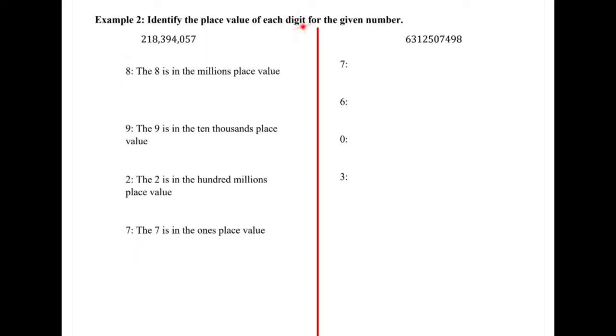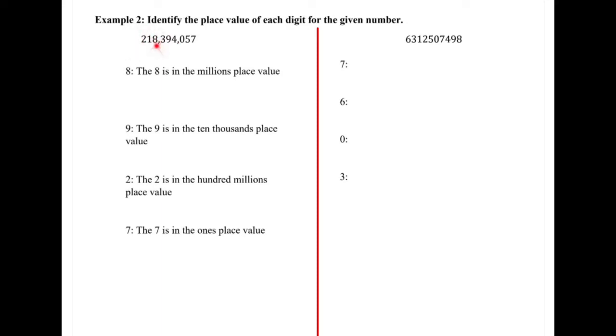Okay, so what is a digit? It's the individual numbers. So this big number here is made up of 1, 2, 3, 4, 5, 6, 7, 8, 9 digits. The 8 is right here. It's in the third period, so that's the millions.